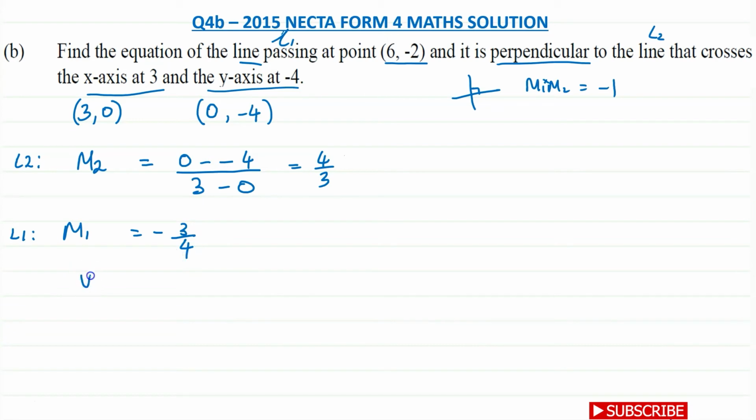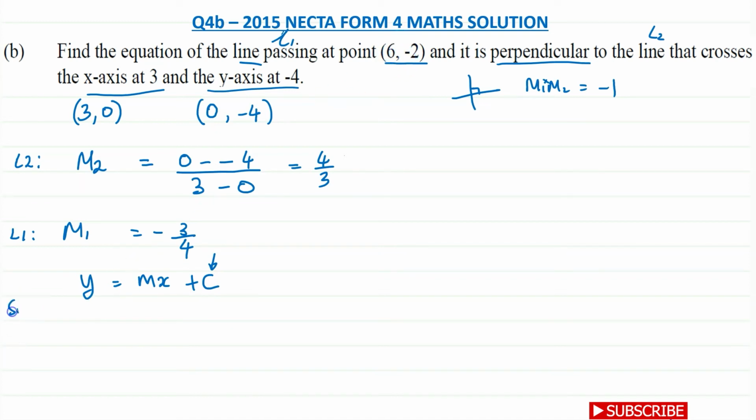We know y is equal to mx plus c. Now we're trying to find the equation of the line L1. We have a point for L1 and we have the gradient, but we don't have c, the y-intercept. So I'm going to substitute in this point.